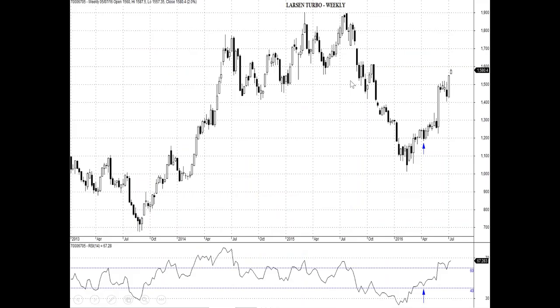Now let me tell you how. Suppose here after a fall down, it moves up and takes support at 40. It has taken support on 40.